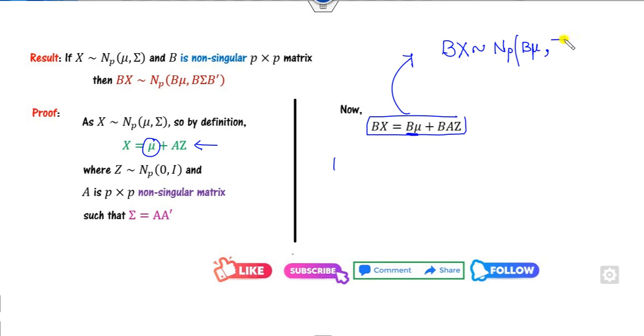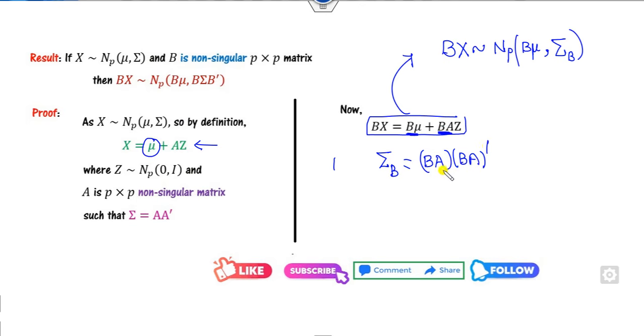What is the covariance? This I call sigma B. What is the definition of this? Sigma B will be A into A transpose. How can you define the A? It is the coefficient of the Z. What is the coefficient of Z? BA. So that means it is this into here. Fine.